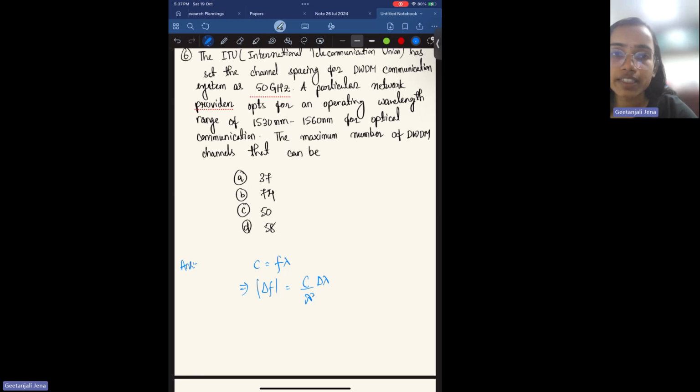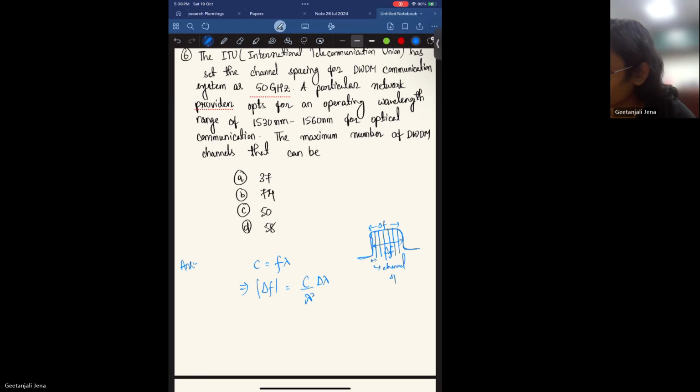Then divide this total delta F, the bandwidth, by the channel spacing, which is already given in hertz. Then you can easily find out the number of channels that can be transmitted using this operating wavelength.